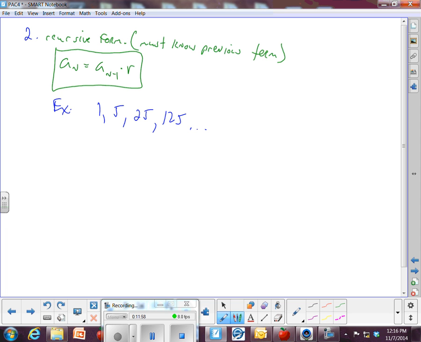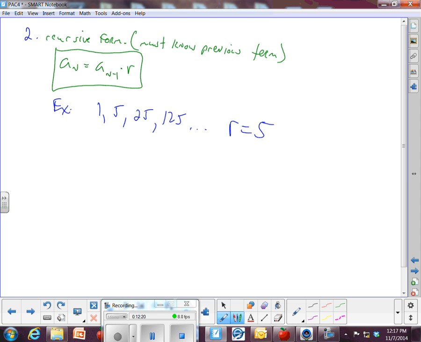Okay, let's go ahead and just list out R. So R is going to equal what? 5. And again, if you didn't know it by intuition, then you could always take a term and divide it by its previous term.